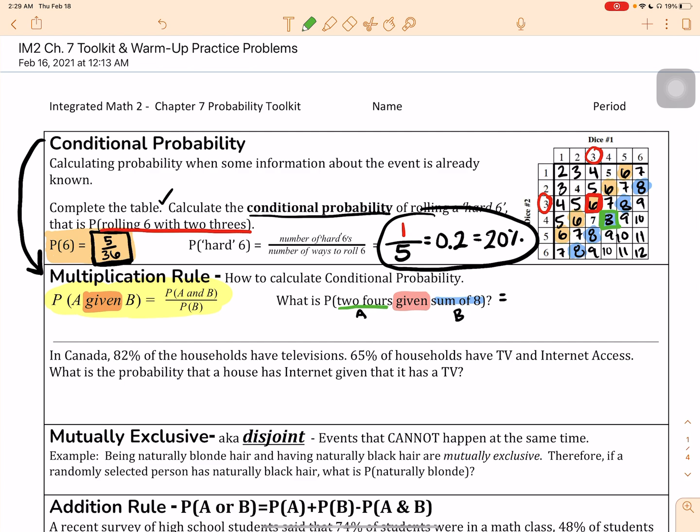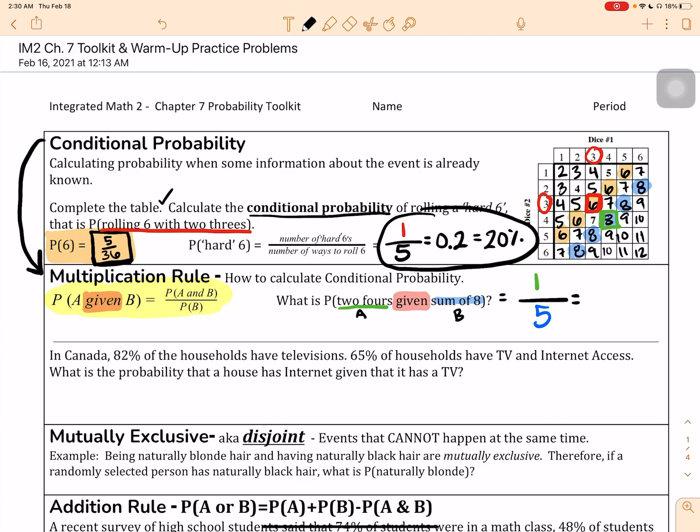So 2 4s, that's our A. So A and B, here I have 2 4s and a sum of 8, obviously, right? 4 plus 4 is 8. So that is what goes on top, 1. There is one pair of 4s that add up to 8. And then out of the total number of the sums of 8, we have 5 of them. So once again, this one is a 1/5 possibility.